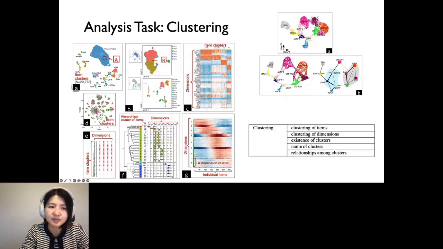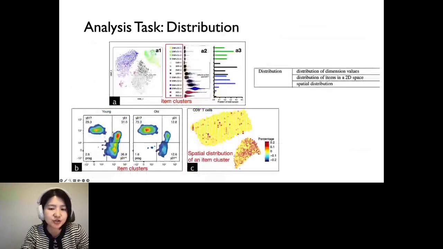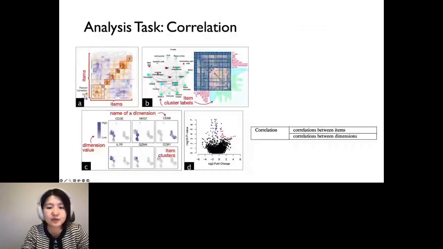Some tasks support clustering of items, but also other analysis tasks. Sometimes people try to identify clusters of dimension values, like similar genes with similar expression patterns, and that is not that well supported. We do a similar analysis for trajectories, distributions, and correlations.